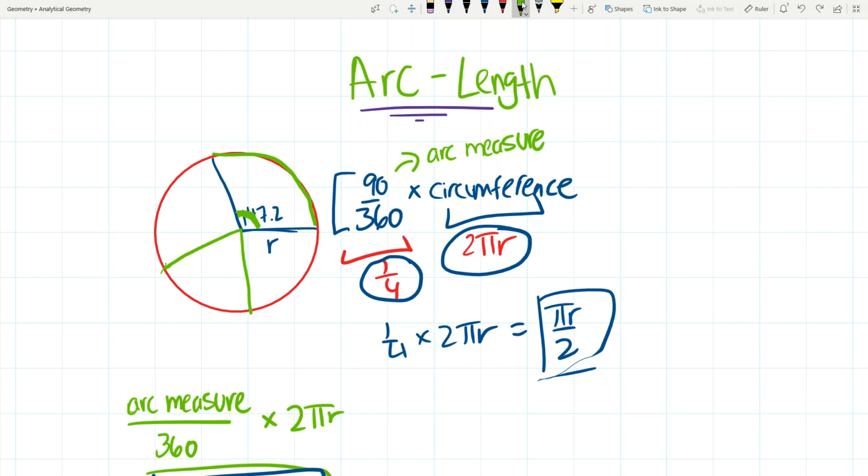You shouldn't memorize the formula. You should know that the arc length is basically a fraction of the whole 360. That's why we're getting this formula.